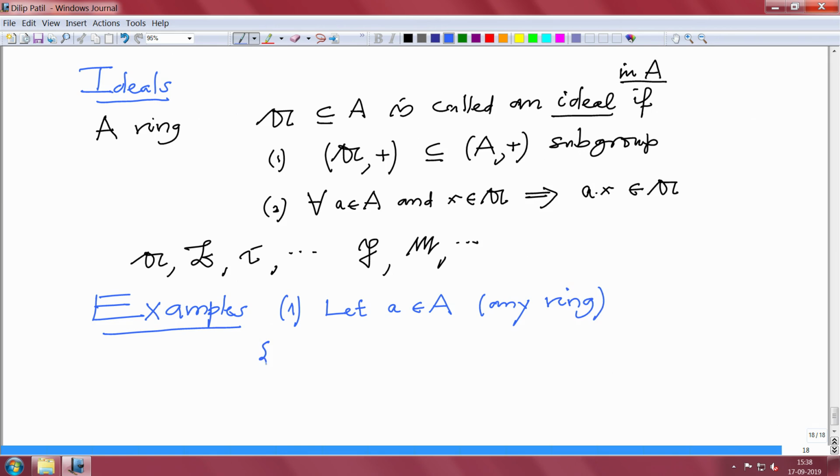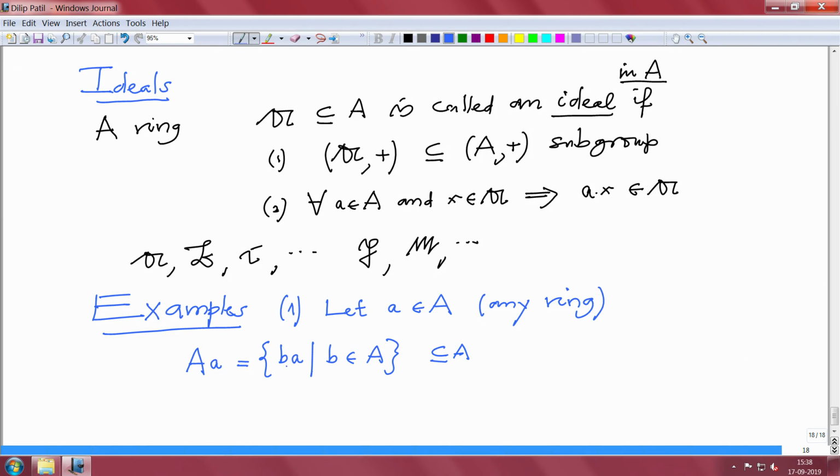So, that means I am taking all b times a, where b is varying in the ring A. For the obvious notation for this set, I will denote A times small a, simply because this b is varying. So, they are all capital A multiples of this. So, this is obviously a subset.